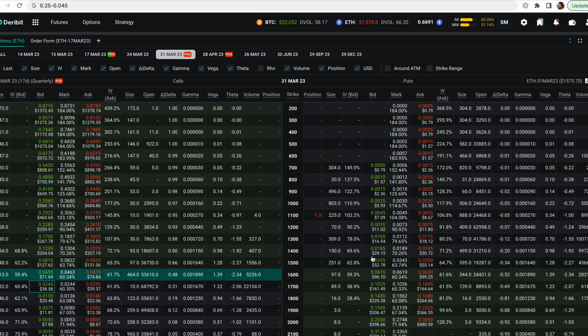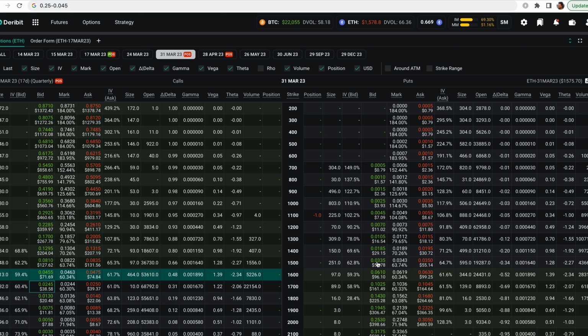Again, you always need to check the break-even price. For example, today we could buy this 1,500 put paying $52 or 0.0335 Ethereums.